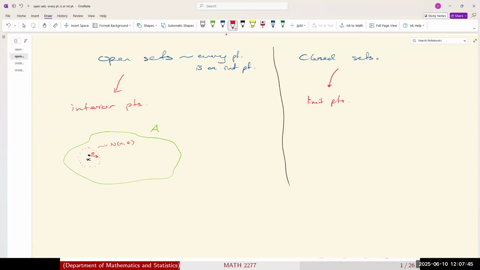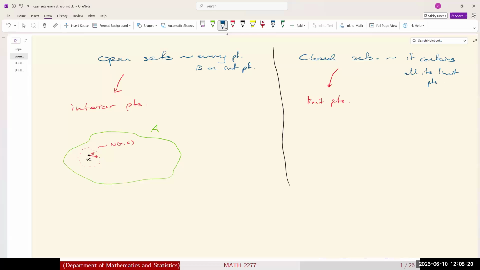So open sets deal with interior points and closed sets deal with limit points. We'll see in a bit what exactly is a limit point. A set is said to be open if every point is an interior point. In a similar way, a set is said to be closed if it contains all its limit points. Whatever that means, we'll see in a bit what it means.